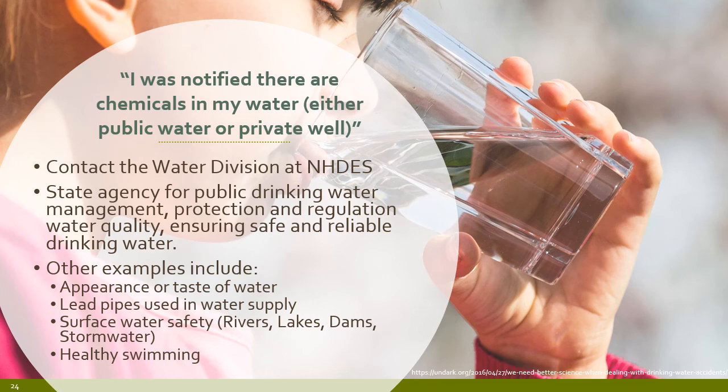Other issues that you might refer to the Water Division at New Hampshire DES include observations about unusual appearance, taste, or smell of water, concerns about the possible presence of lead pipes to supply water, questions about surface water safety, including rivers, lakes, dams, and stormwater, inquiries about recreational water activities such as swimming.